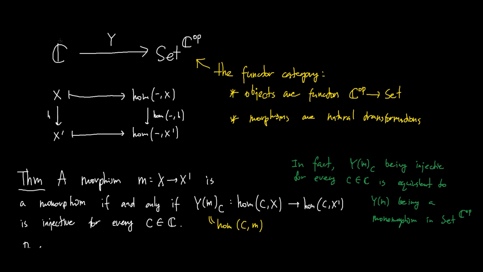Now the Yoneda embedding will allow you to transport your problem from the category C to this category, which looks very much like the category of sets. And then you can use your experience of how to prove that theorem using sets, using elements. And if the theorem says that something is a monomorphism, then because of this theorem here, proving that it's a monomorphism on that side will give us that it's a monomorphism on this side.